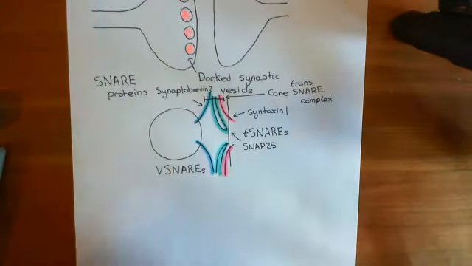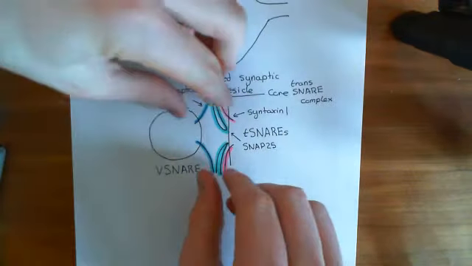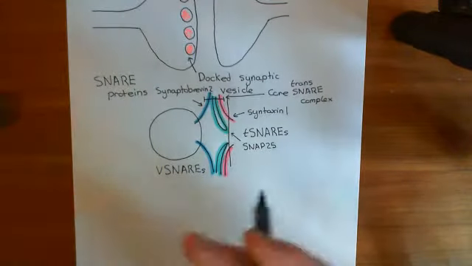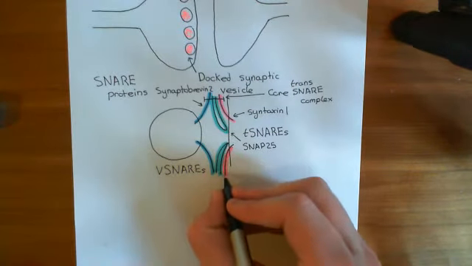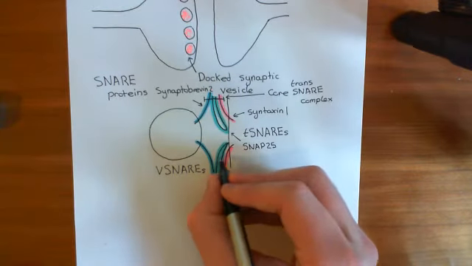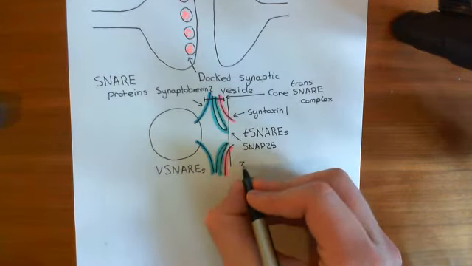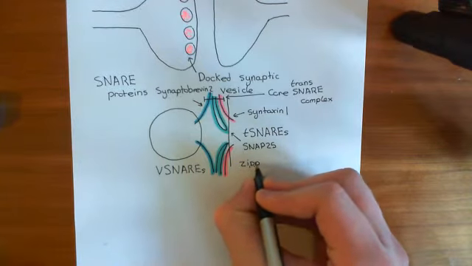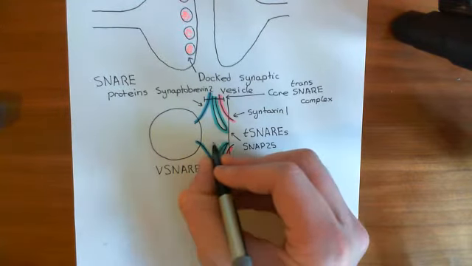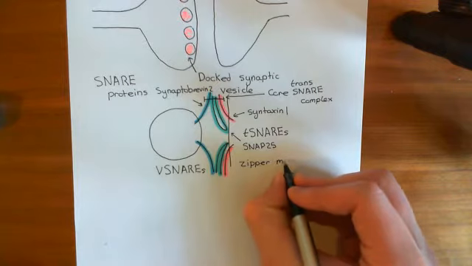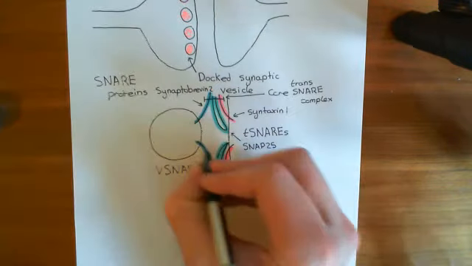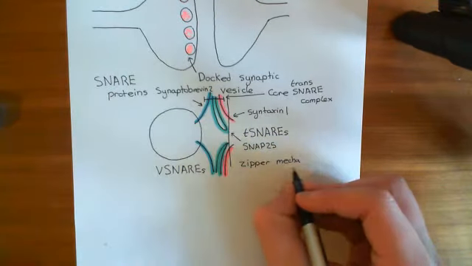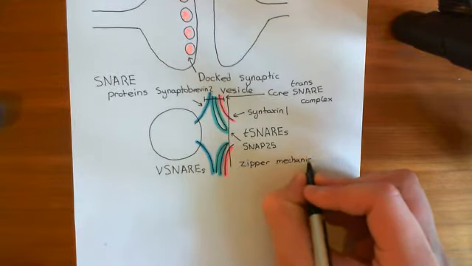Okay, so again, these alpha helices are going to intertwine, and what's going to happen basically is they're going to start the intertwining from these free ends, and then it's going to work its way downwards in a so-called zipper mechanism, and gradually you're going to zip right up to the ends, and that zipping up to the ends will bring these 2 membranes very nice and close, okay, but they don't fuse.